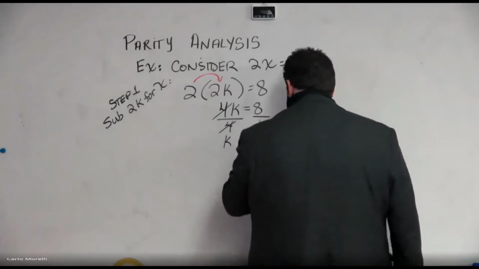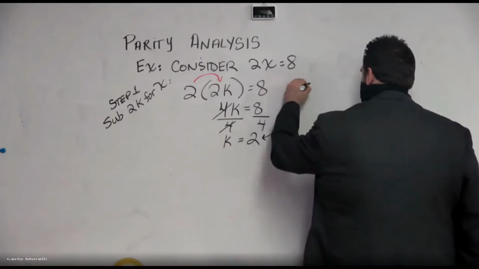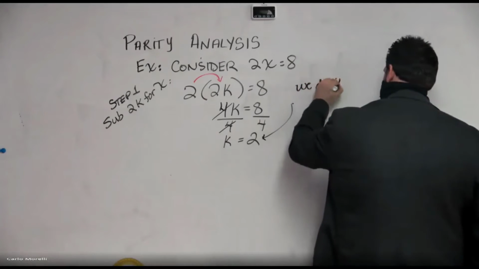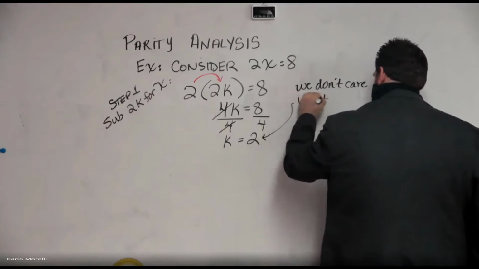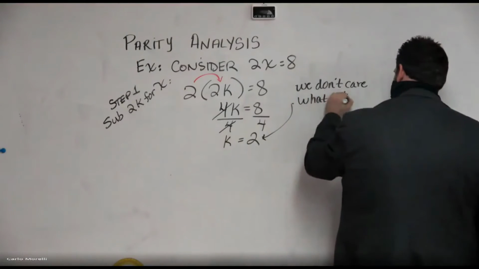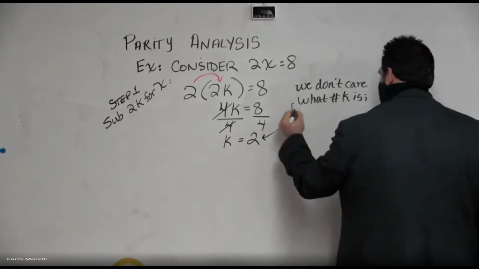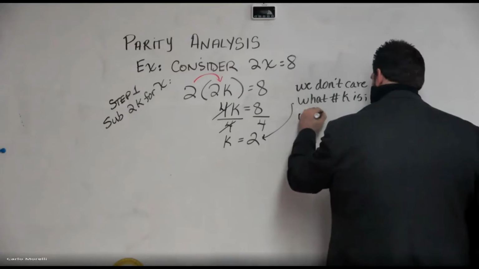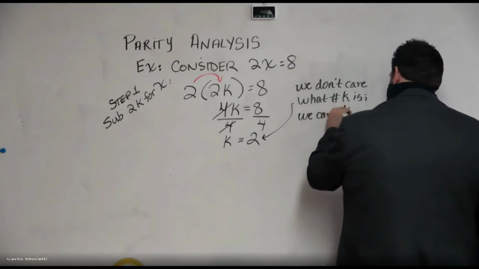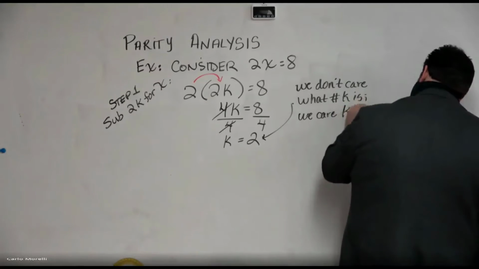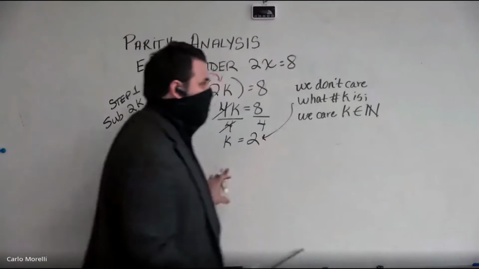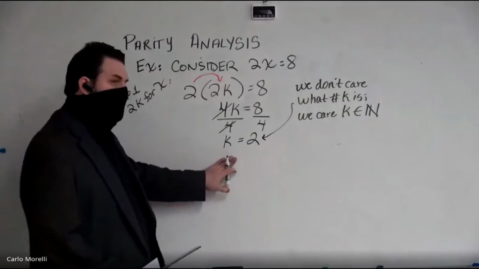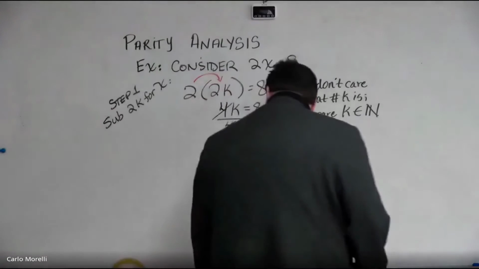We don't really care what number k is. Instead, we care that k is an integer. Okay, in other words, k is not a fraction. We didn't get a fraction. This test would fail if k was a fraction. So here's what we know.